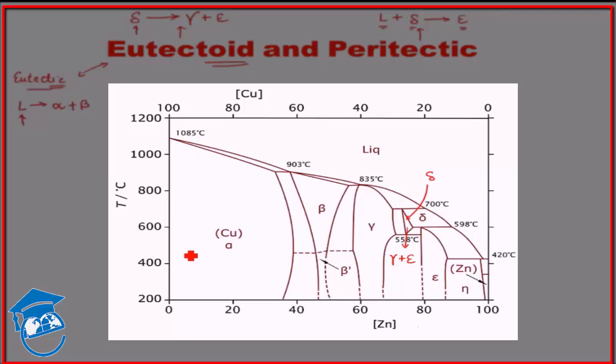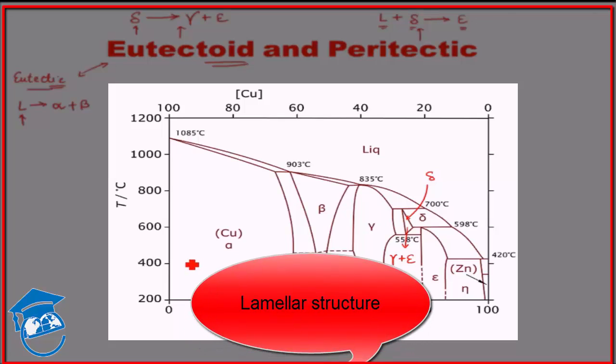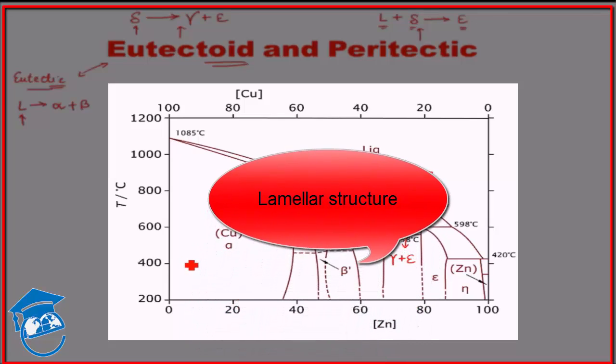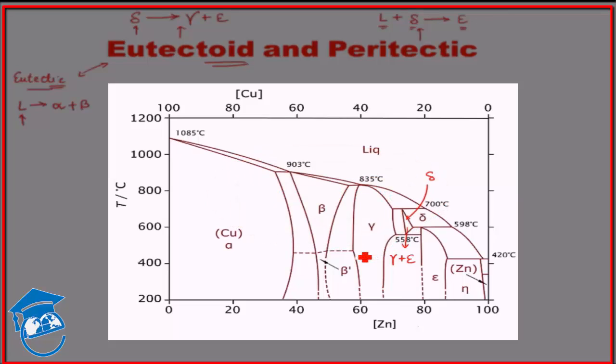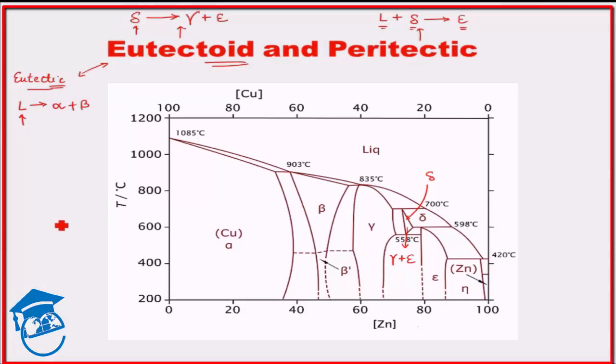Similar to the formation of two solids in the eutectic reaction, the two solids formed in the eutectoid reaction are also lamellar in structure, because even here one solid needs to simultaneously give rise to two new solids. Therefore, the grains cannot be independent of each other. They need to be forming simultaneously. In the eutectic we had liquid to start with, but in eutectoid we have solid.